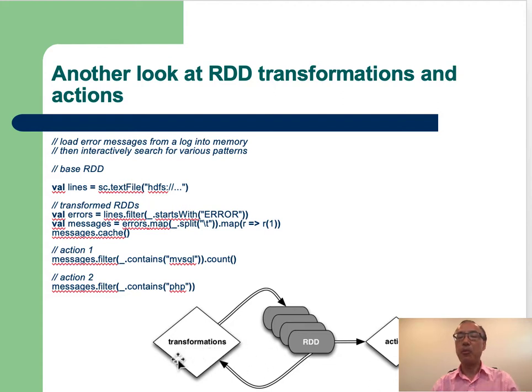In the high level, it looks like this. From one original RDD, resilient distributed dataset, we get many transformed RDDs. Transformed RDDs only exist in concept. They do not actually exist yet. You just define that the transformed RDD is obtained from the base RDD.